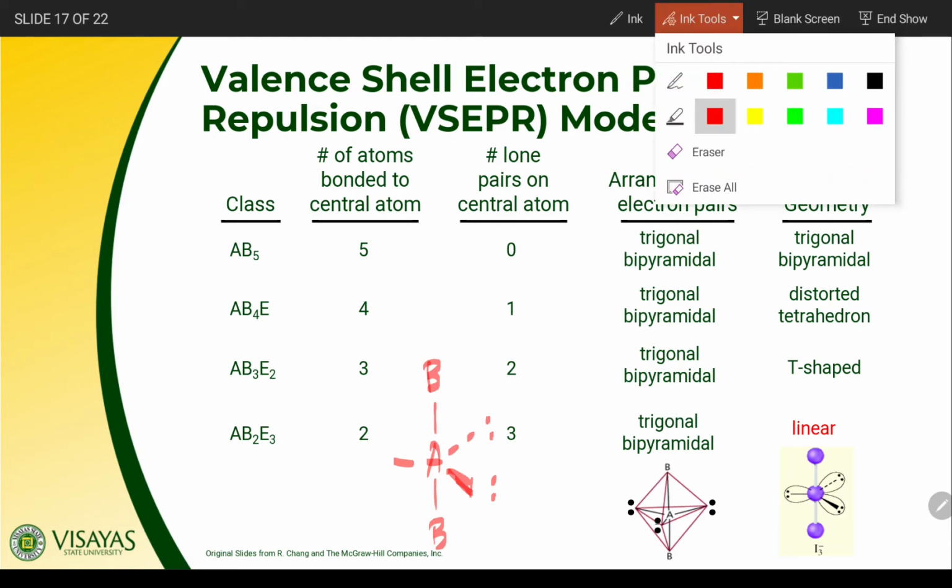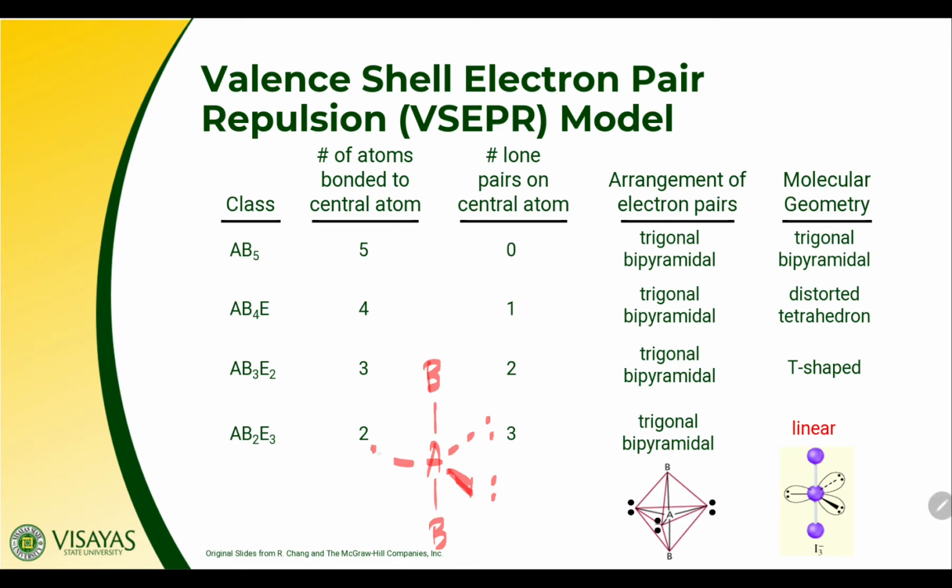So the remaining bonded atoms are the ones bonded at the top and at the bottom. Okay, so this is linear, no? So we have our 3 lone pairs and our 2 atoms bonded to the central atom. So that is how you draw a linear molecule with class AB2E3.